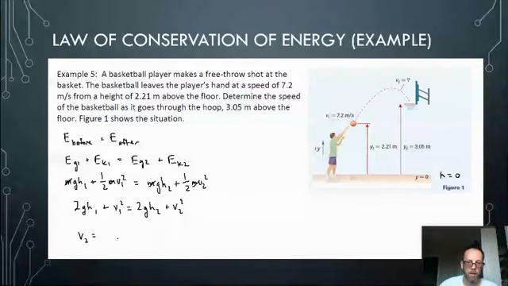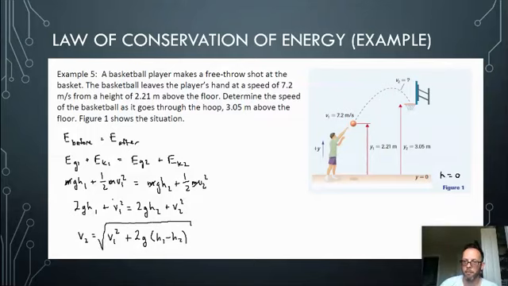So I'm going to have my v1 squared, and I'll have 2gh1 minus 2gh2. So I might write that and just do a bit of factoring. So 2g, and I'll have h1 minus h2. That gives me v2 squared, and then I'll square root it. Hey, if you like to just plug in numbers and solve from there, then that is totally fine. Me, I like to do it this way.